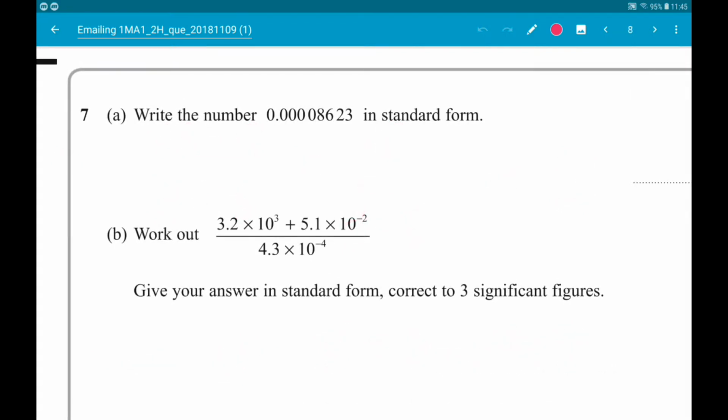7a wants us to write the number 0.00008623 in standard form. So, we're going to need 8.623 times 10.